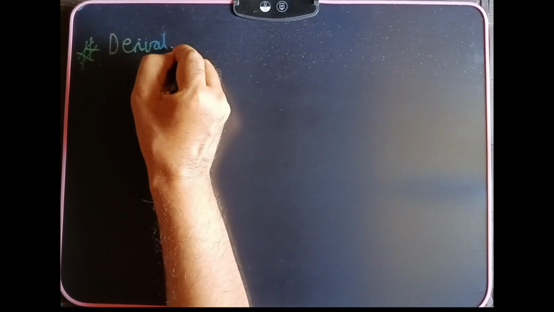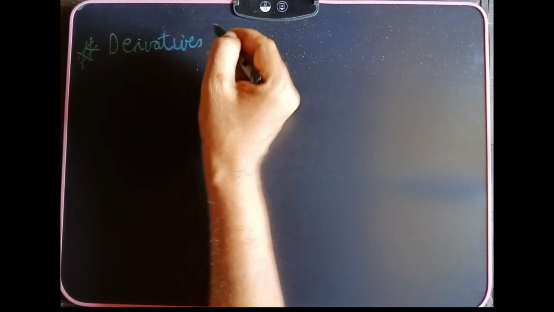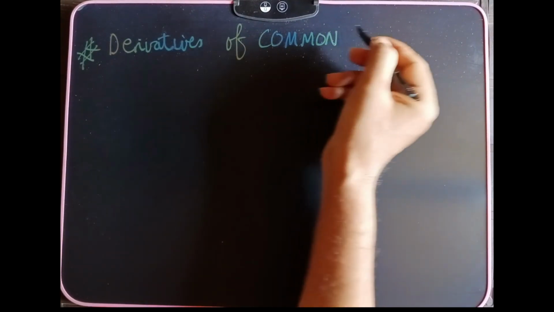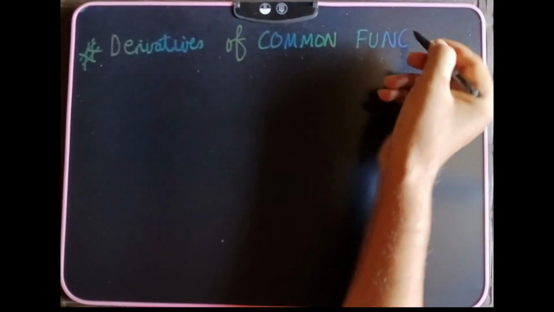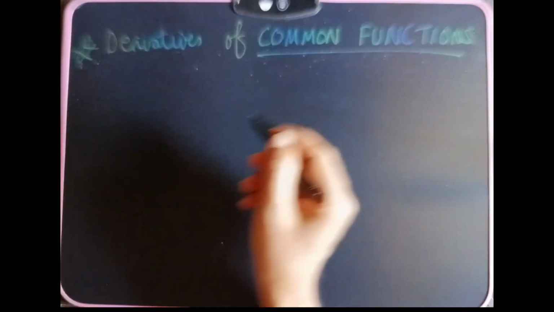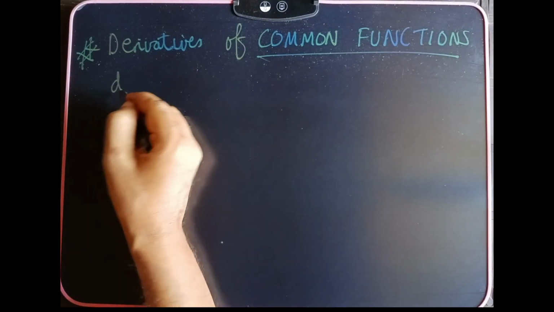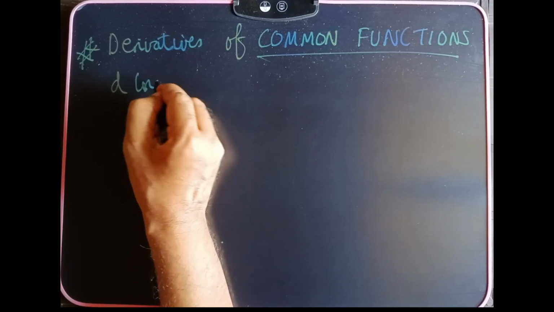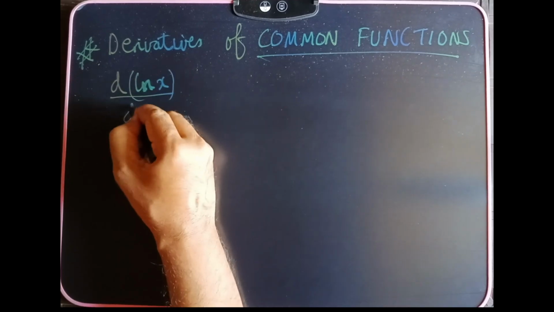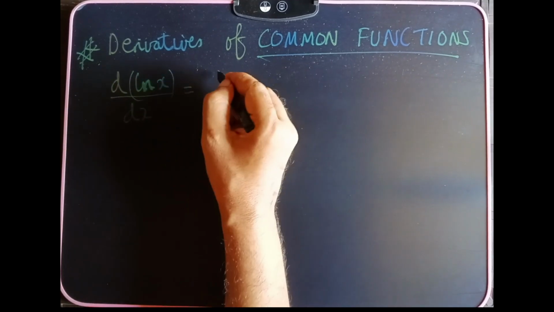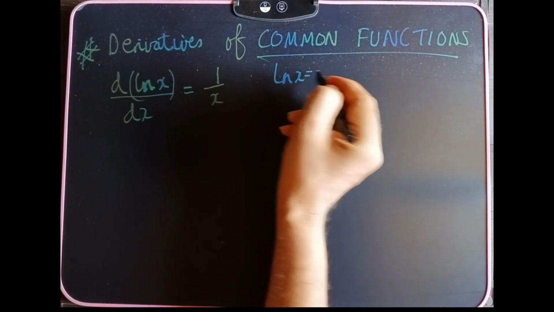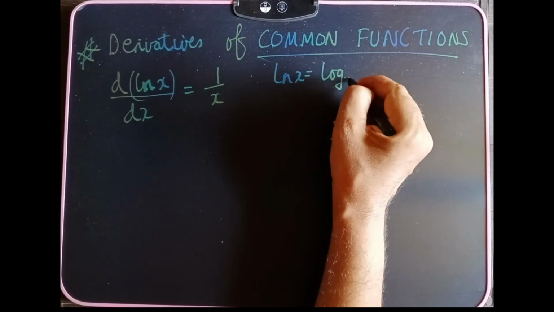The derivative of log of x with respect to x is 1 by x, where log of x is with respect to base e.